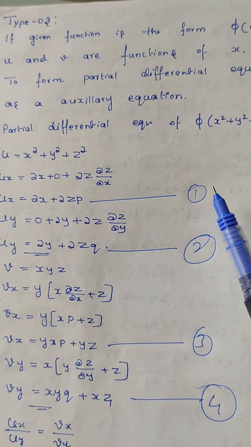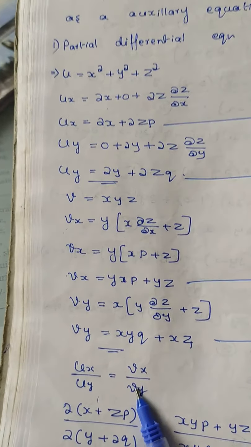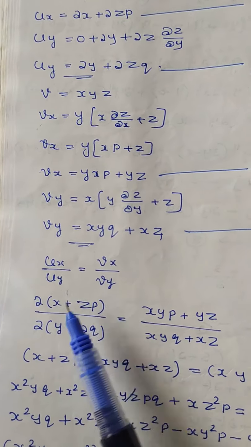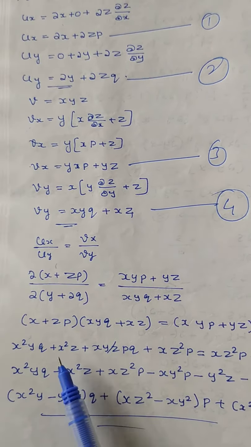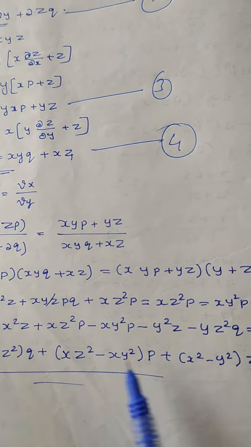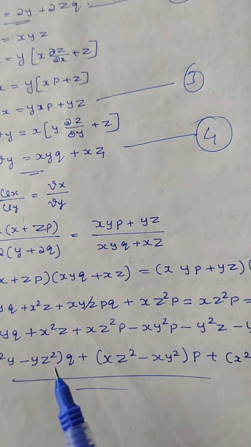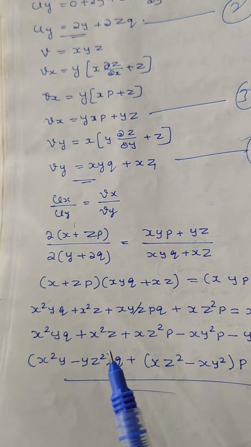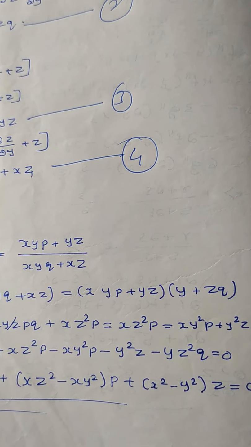After finding Ux, Uy, Vx, Vy, substitute in this equation. After that, simplify. 2 and 2 get cancelled, cross multiply it, collect the coefficients of P, Q and remaining terms in terms of X, Y, Z. That is the next term: first term with the P, next Q, and then functions of X, Y, Z. This is your PDE. That's it.